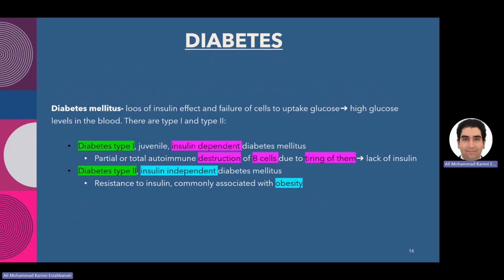Therefore, the remaining receptors which are still functional and can detect the insulin will take over and be enough for that patient. So whenever a person is obese and has diabetes mellitus type 2, they need to cut down their weight. That's how they're going to get treated.